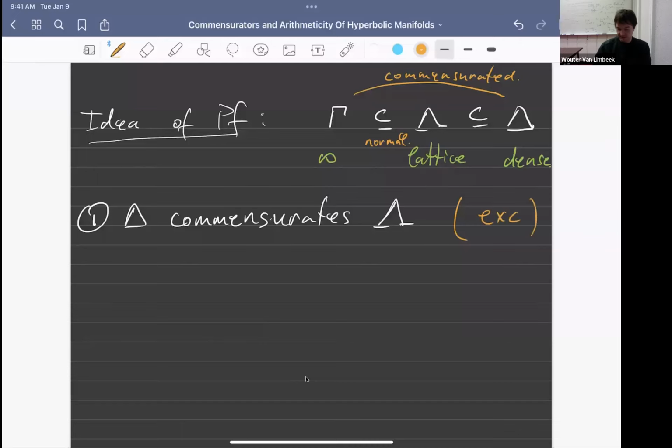It takes a few lines. So let's just take that for granted at the moment. So now we also know that this is commensurated over here, this inclusion. And that means, by the result that I mentioned before by Margulis about lattices with dense commensurator, lambda now has dense commensurator. That lambda is arithmetic.